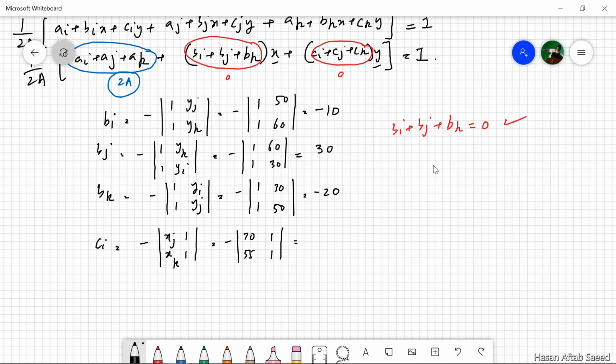You get minus 15. Cj is equal to minus Xk Xi, 1, 1, which means 55, 5, 1, 1. This is minus 5.